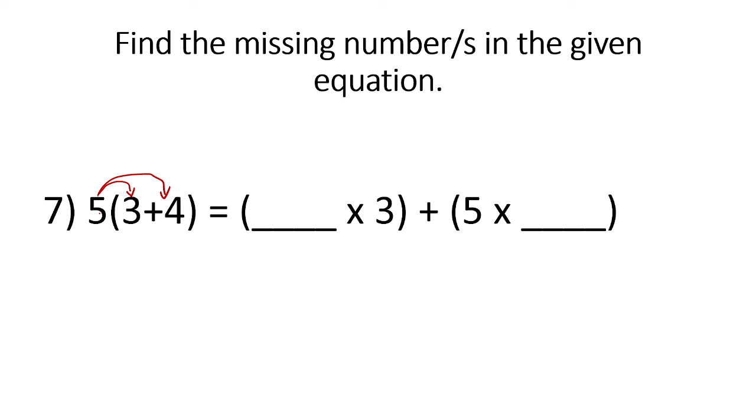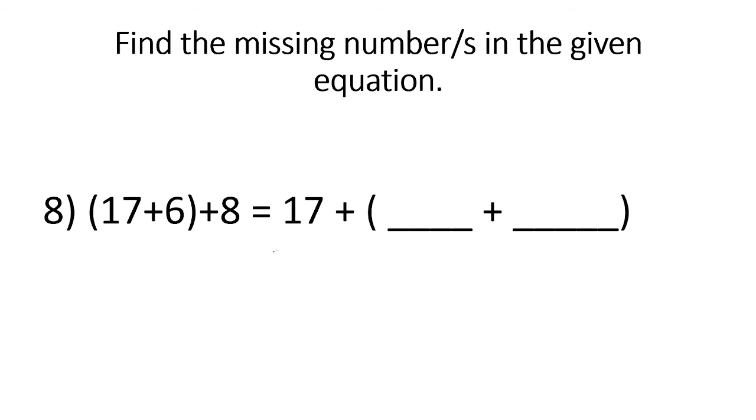Pag sinabing distribute, sinishare mo o pinamimigay mo, di ba? Ibabahagi mo 'tong 5 sa 3 and 4. So 5 times 3 plus 5 times 4. Ganun lang po kasimple yun.